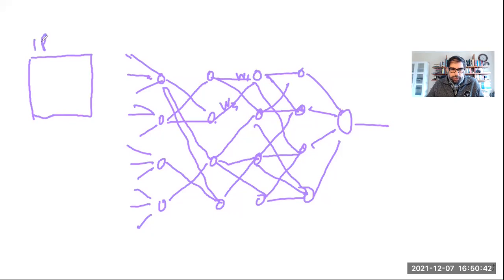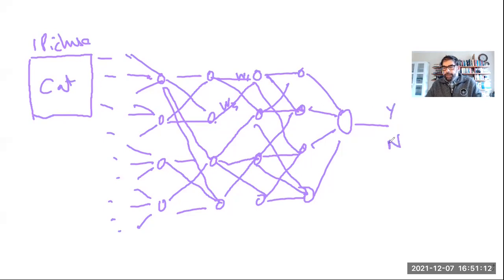So I have a picture with 1 million pixels, and the 1 million pixels go into this input layer. So the input layer has 1 million different inputs, but the output is only one. And I want to train this network to find out whether the picture I'm showing it is of a cat or not. So the answer is only yes or no, right?